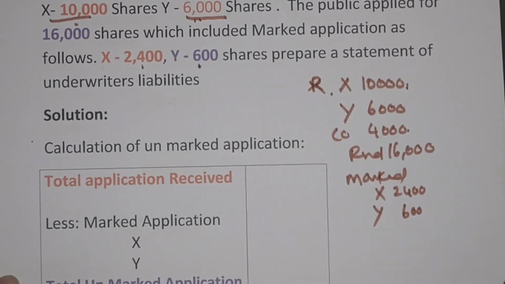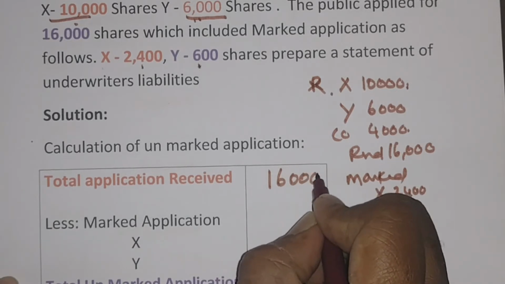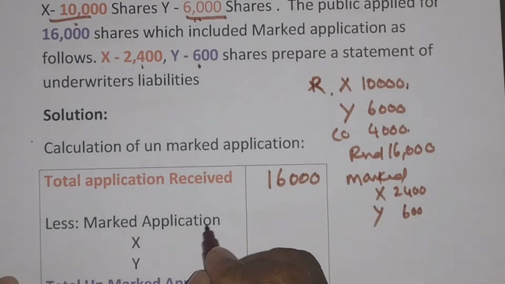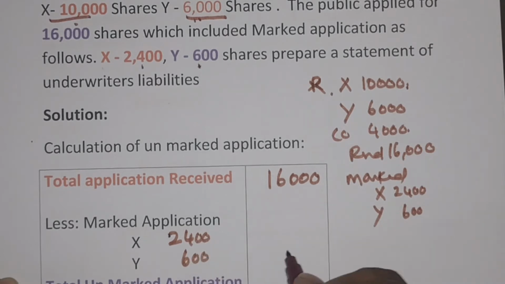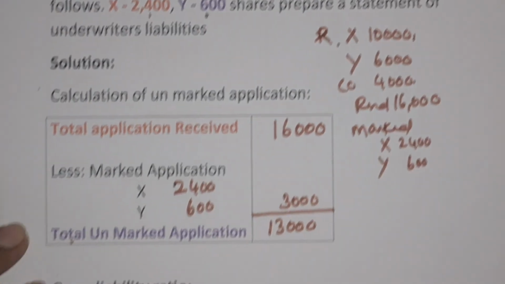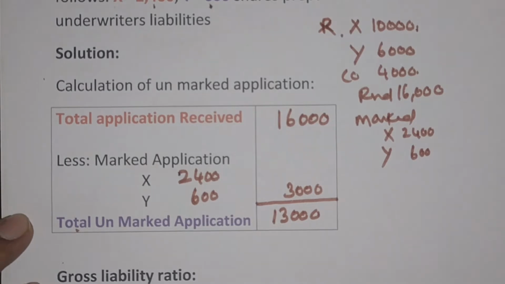Now the total application received from the public is 16,000, less the marked application of X, 2,400, and of Y, 600. The total marked application is 3,000. The remaining balance is 13,000, which is the total unmarked application.